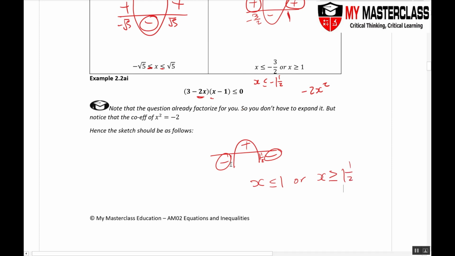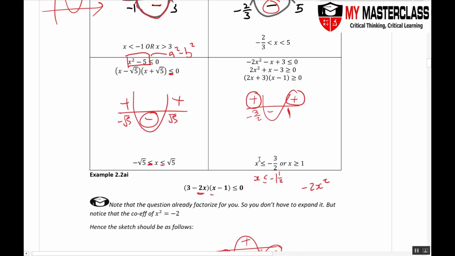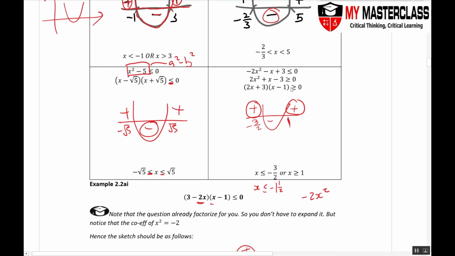This is what changes when you have a negative a value, the shape of the curve. But to prevent confusion in the exams, just always do what we did here. Change your a value to a positive a value, then you work from there, so that the curve you're always working with is a smiley face.